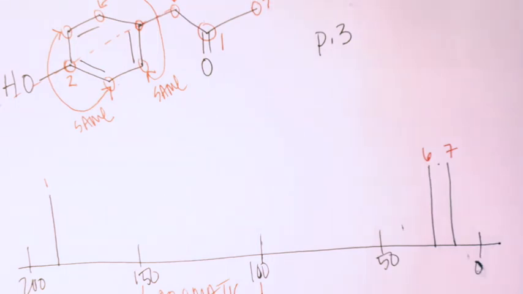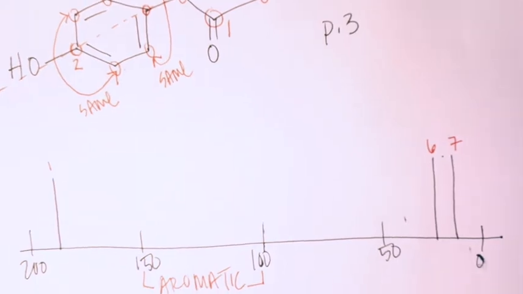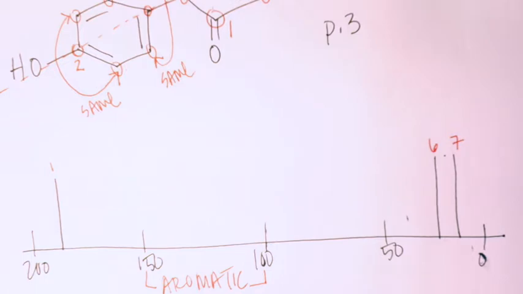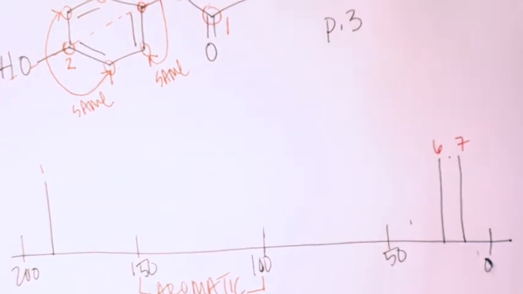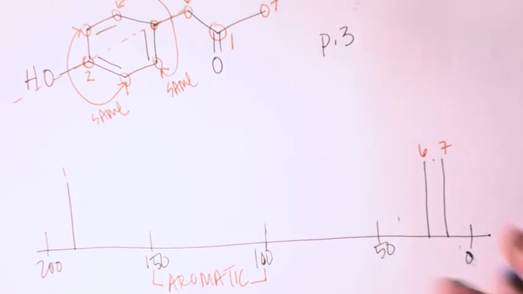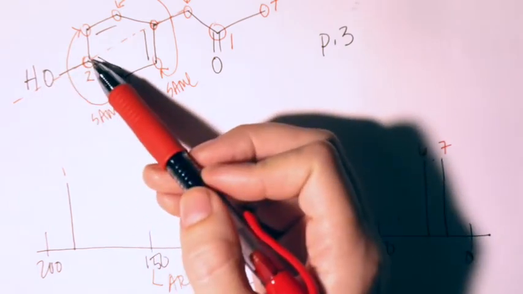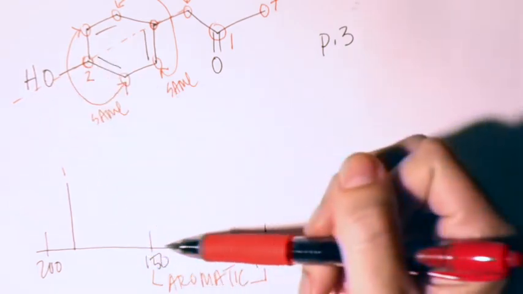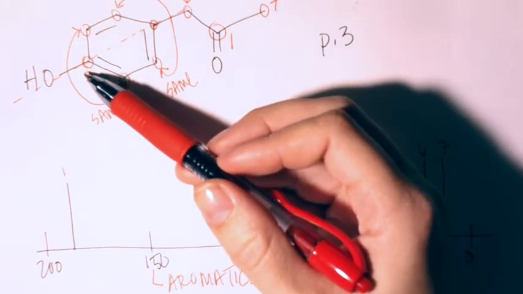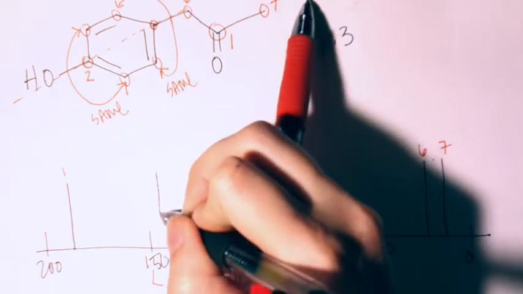In addition to being aromatic, let me zoom out a little bit. It's also attached to an oxygen atom. So the oxygen atom plus it being on a pi bond is gonna pull it downfield within the aromatic region. So we'd expect that carbon 2 to be closer to the downfield side of that region.